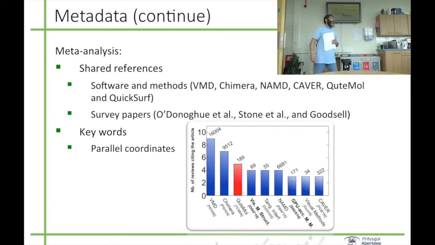We also created an interactive parallel coordinates tool to analyze the text. From the analysis result, we can identify popular topics like cavities, which is mentioned in most of the surveys.